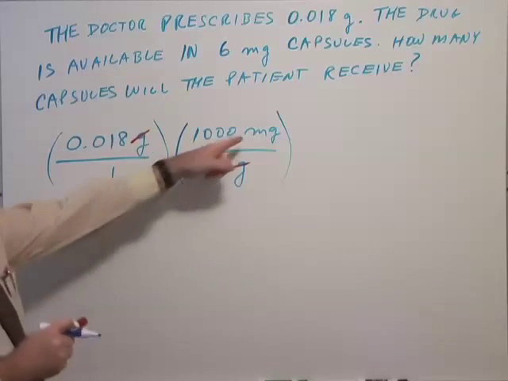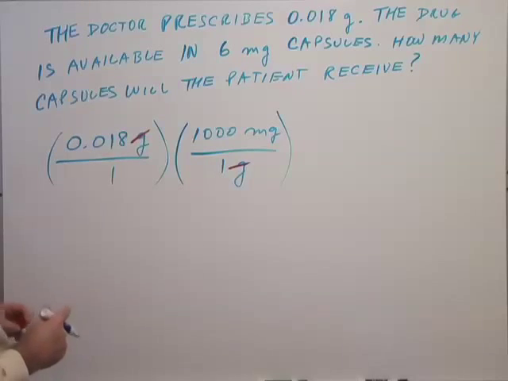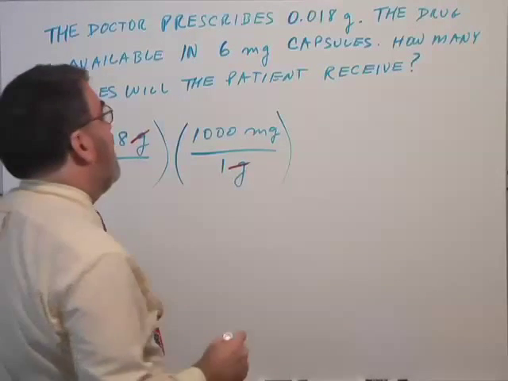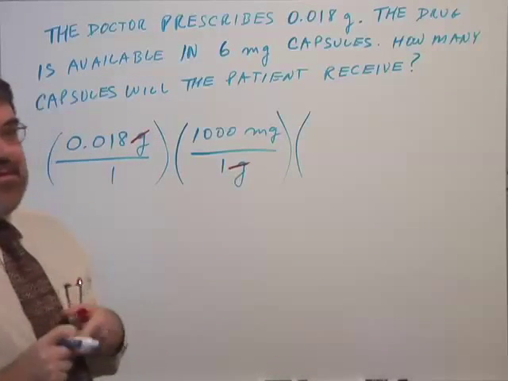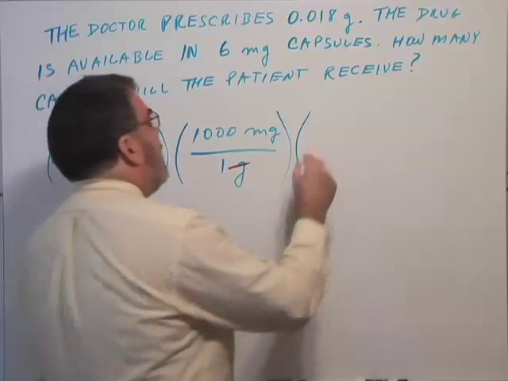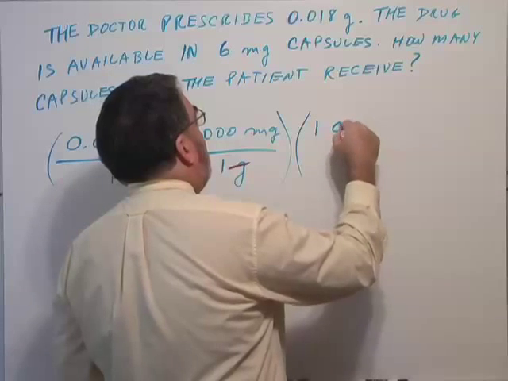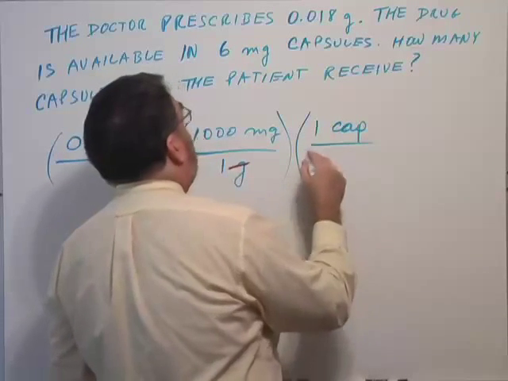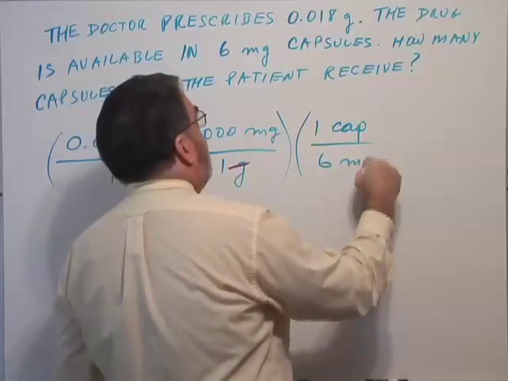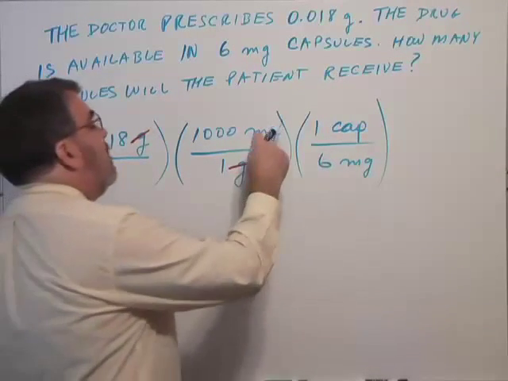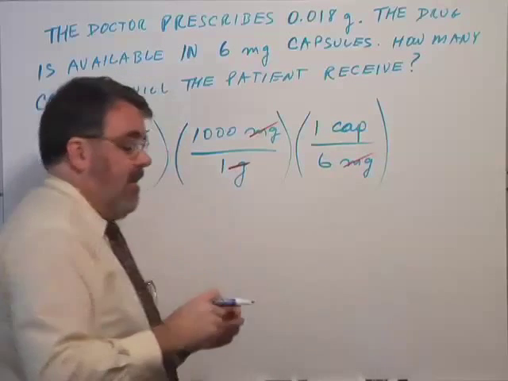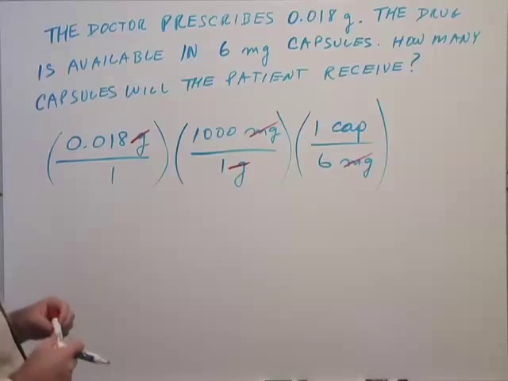So now we're out to milligram units, and then 1 capsule is 6 milligrams. So where do I put capsule? Well, we want to end up with capsules. That's the numerator. So capsule goes on top, 1 cap, over 6 milligrams. Of course, the other important thing about this is that milligrams must cancel. So the units cancel, leaving capsules.